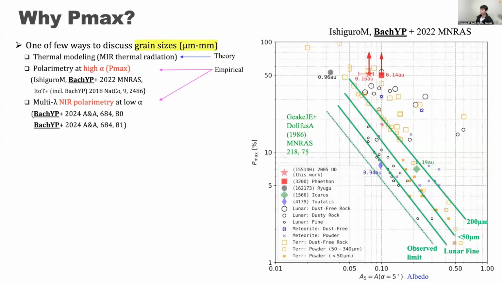We do not have a clear unanimous agreement on the physical or theoretical understanding of this phenomenon, but at least empirically speaking, this is quite a tight relationship, and we use that to estimate the grain sizes of the surface from remote polarimetric observations.